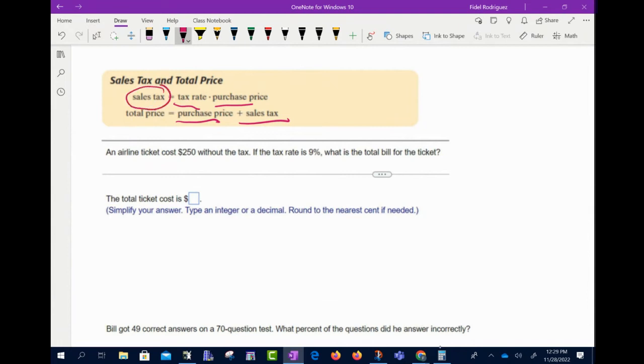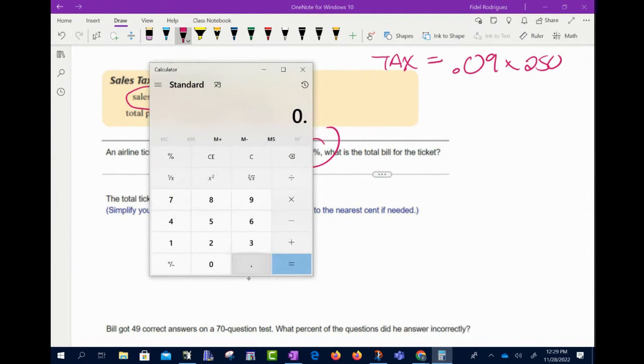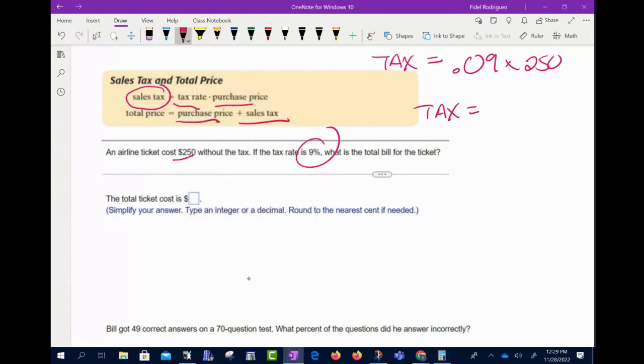Okay, so first I want to figure out how much money I'm going to pay in sales tax. The way I'm going to figure that out is to take the tax rate, 9% as a decimal, it's 0.09, times the purchase price, the ticket is $250. So 0.09 times $250. My tax is going to be $22.50.